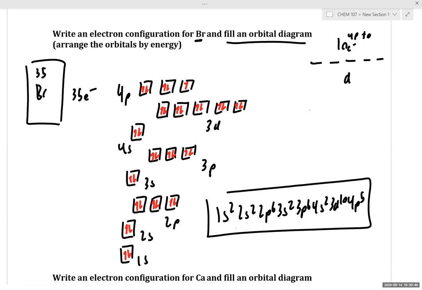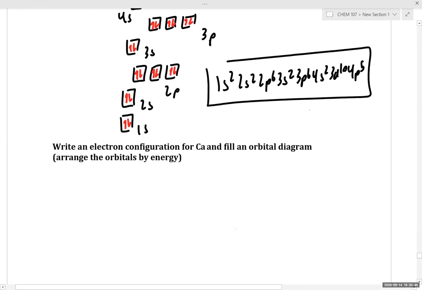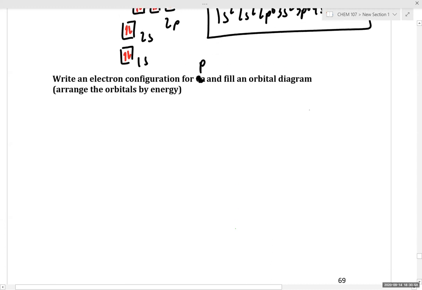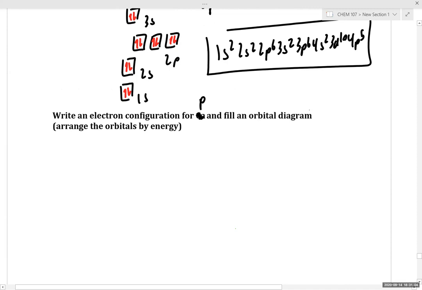Perfect. So let's do another example. We already did calcium, so let's make a change up here and look at the electron configuration for phosphorus. I'd like you to write out the electron configuration for phosphorus and fill in an orbital energy diagram.